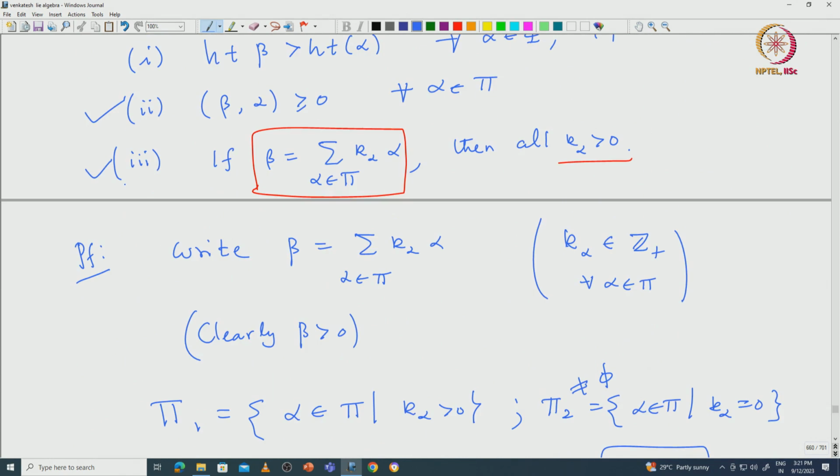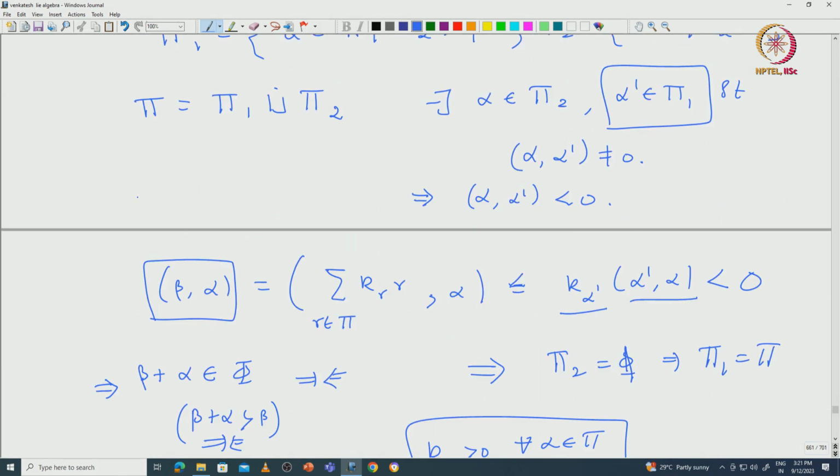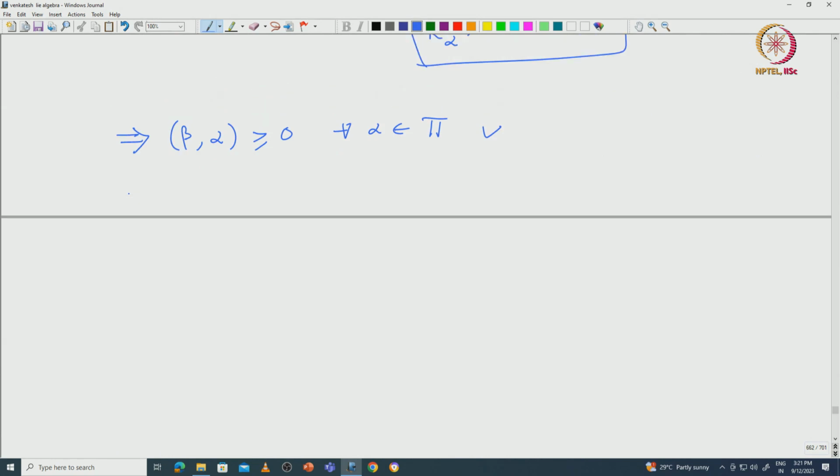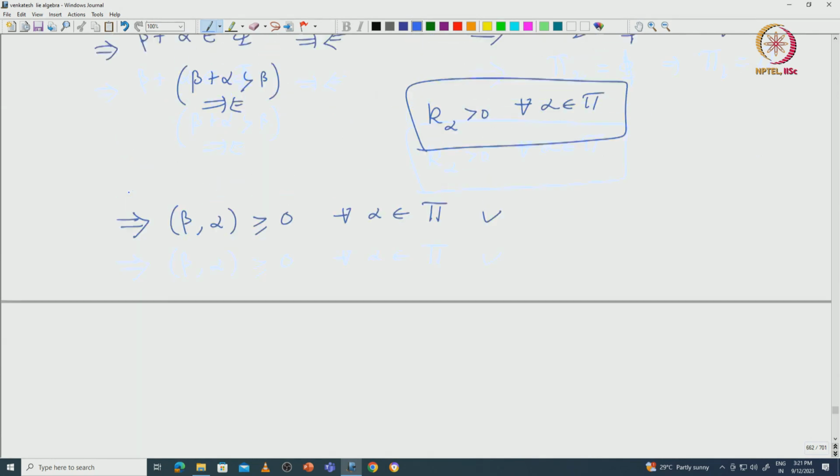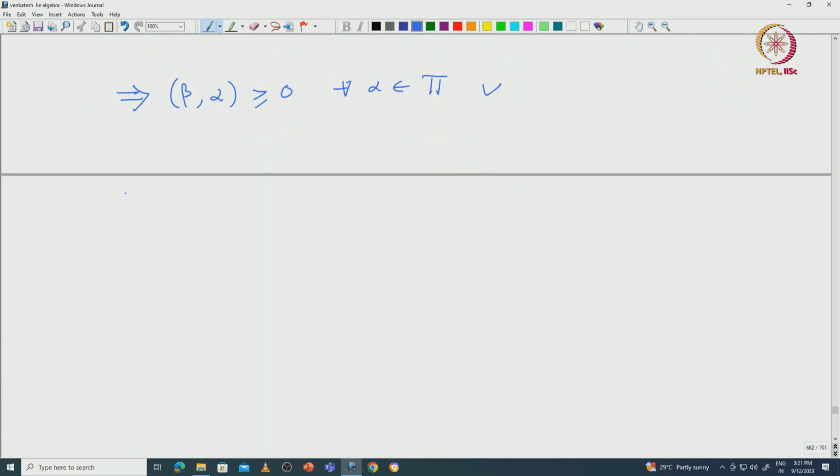So, let us assume there is another maximal root. Let beta dash be another maximal root, with respect to the partial order. Then we can assume that beta is not equal to beta dash, otherwise we are done.